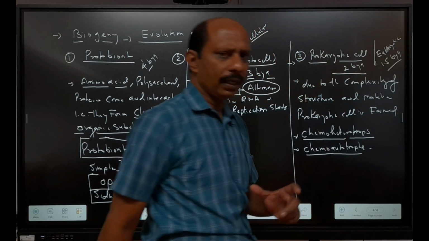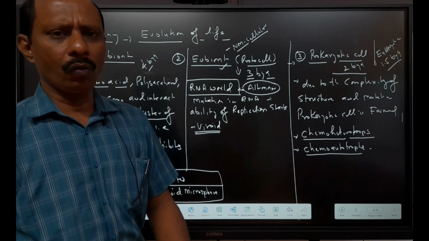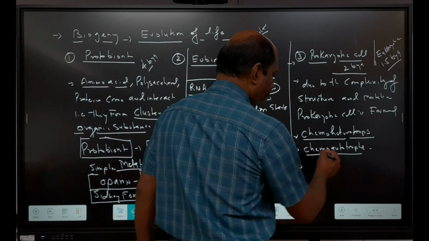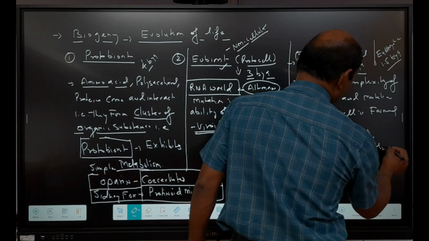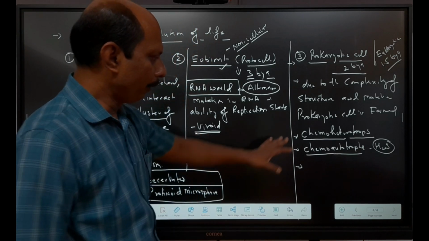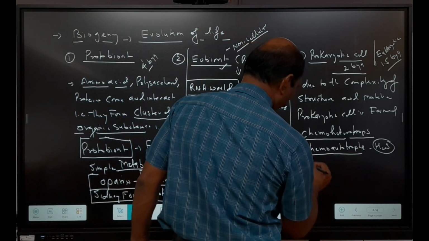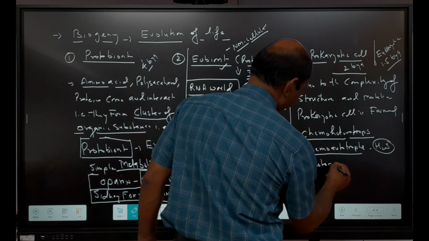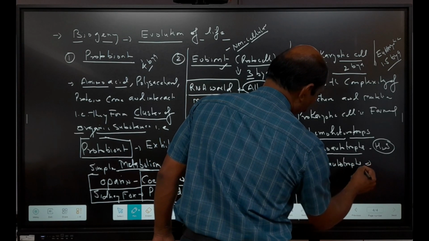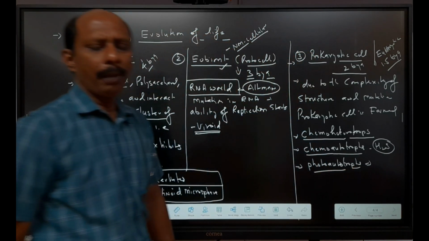Due to some modification in their chlorophyll, that is, bacteriochlorophyll, these chemoautotrophs use H2S as a hydrogen donor, right? Now they convert into photoautotrophs, due to modification or mutation in bacteriochlorophyll.